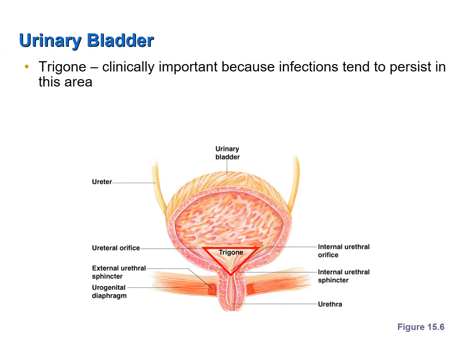The trigone of the urinary bladder is the area that is outlined by the two uretral orifices and the opening to the urethra. The trigone is clinically important because infections of the bladder tend to persist in this area.